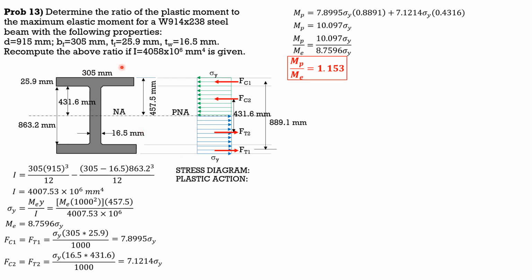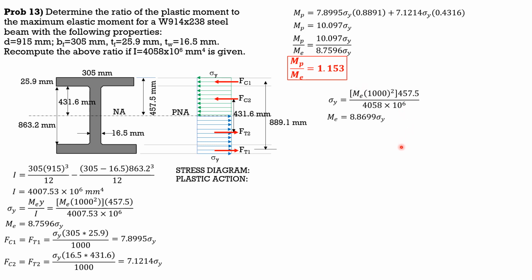Then recompute the above ratio if I is 4058 times 10 to the 6 as given. So sigma y equals moment elastic times 1000 square to convert kilonewton to Newton mm, times y, 457.5, divided by actual moment of inertia. So cancel 1000 square and 10 to the 6.